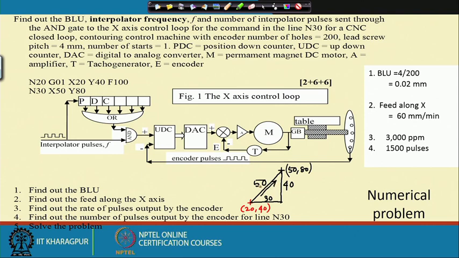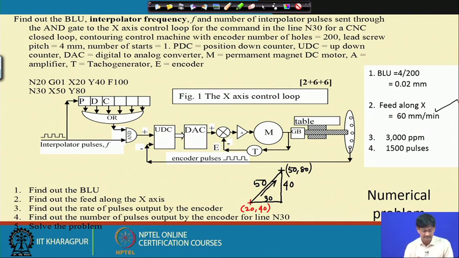So, if 50 is here, by Pythagoras theorem, we can say this is 30 and this is 40. So, if 100 is here, since feed triangle and displacement triangle, they are similar for linear movements. So, if 100 millimeters movement is there, we must be having 60 millimeters per minute movement along x axis. Okay. So, that is why feed along x axis 60.